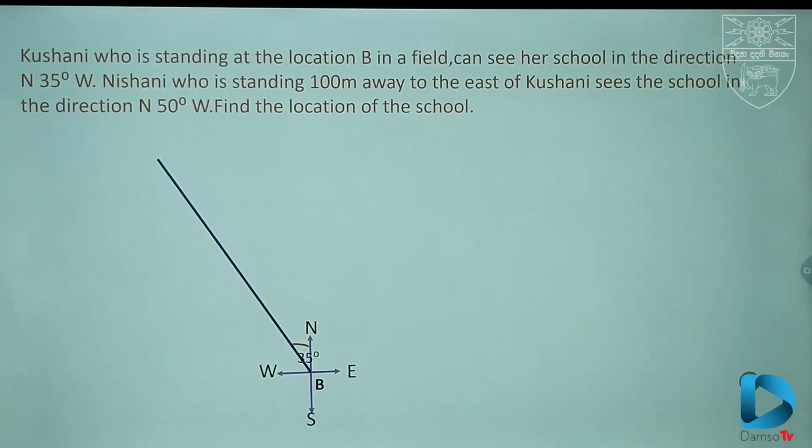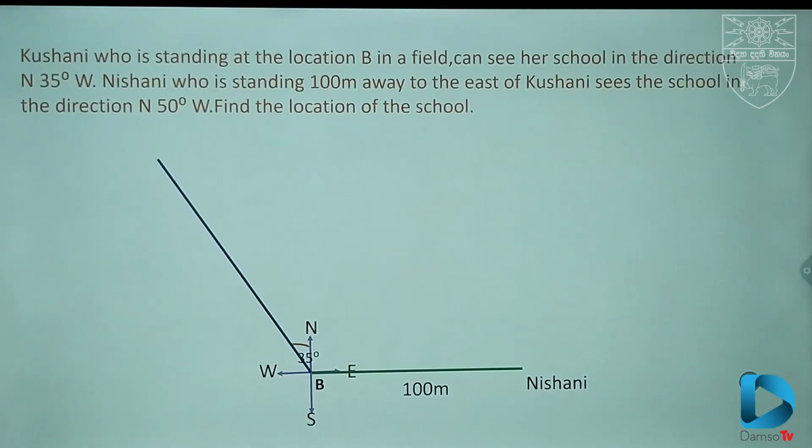Then move to the next part. Nishani is standing 100 meters away to the east of Kushani. Let's see where Nishani is, 100 meters away to the east of Kushani.